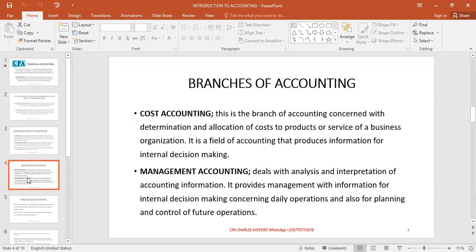The most important thing about the role of a management accountant is to make a decision depending on the information the cost accountant and the financial accountant have presented.